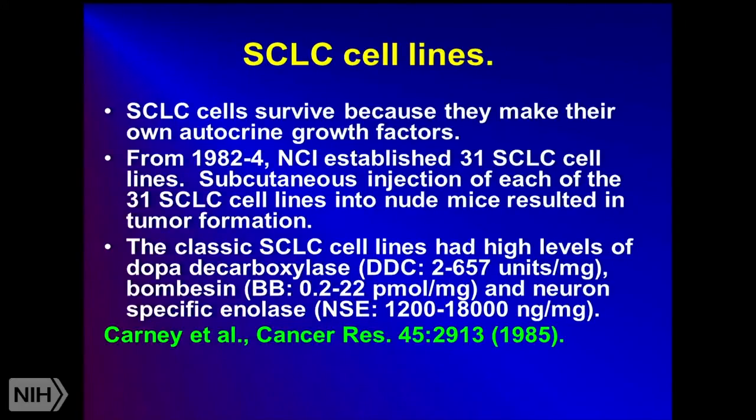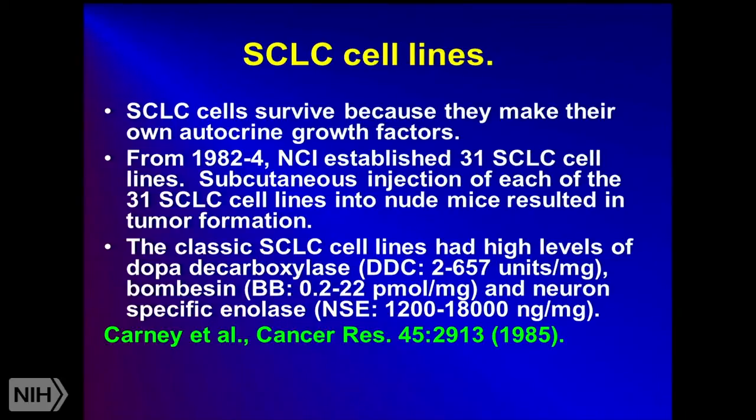Between 1982 and 31 small cell lung cancer cell lines were established. When you inject these cell lines into nude mice, tumors rapidly form. These small cells have high levels of bombesin-like peptides. They have high levels of dopa decarboxylase, an enzyme traditionally found in neurons.